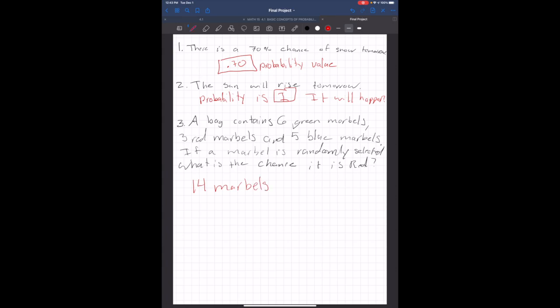Now the question is asking, what is the chance of getting a red marble? We know that there are only 3 red marbles.